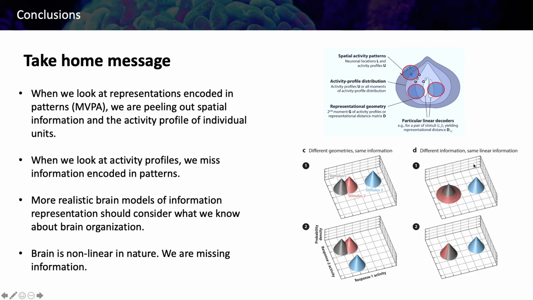But for example, in this other scenario, you have stimulus 1 and stimulus 2 overlapping a lot, and here the same. We are working with linear classifiers. Of course you will be able to classify stimulus 1 and stimulus 2 from stimulus 3 in both cases. But if you want to classify stimulus 1 from stimulus 2, in this case it's impossible, and in this case it's also impossible if you are using a linear classifier. But if, for example, you use a radial basis classifier or a non-linear classifier, you possibly can classify these two conditions.